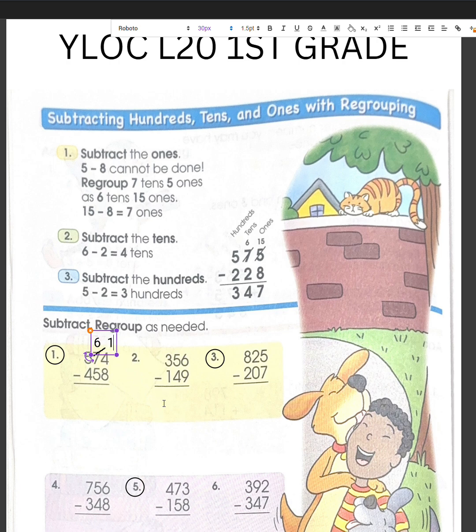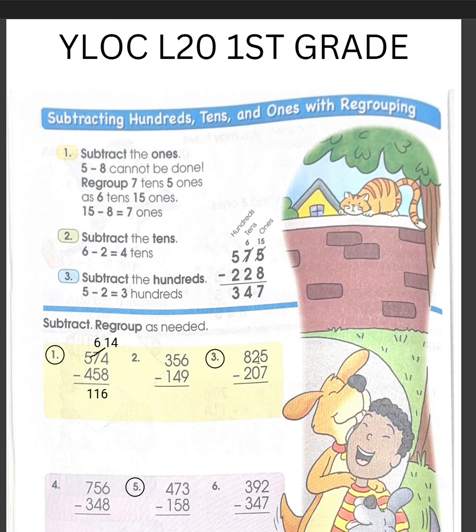That 1 is also going to be equal to 10, so it becomes 14. And then we do 14 minus 8, where you get 6. And now you do 6 minus 5, where you get 1. And then you do 5 minus 4, which you get also 1.